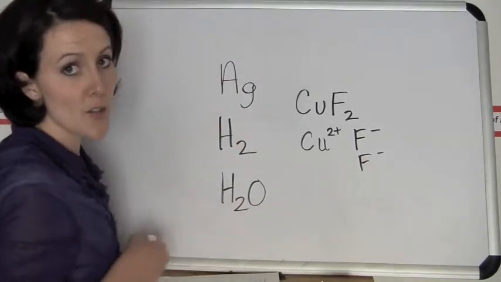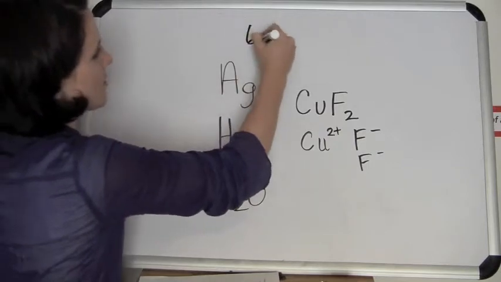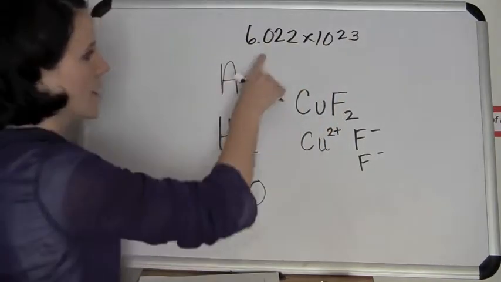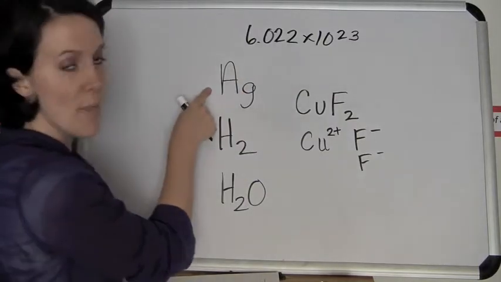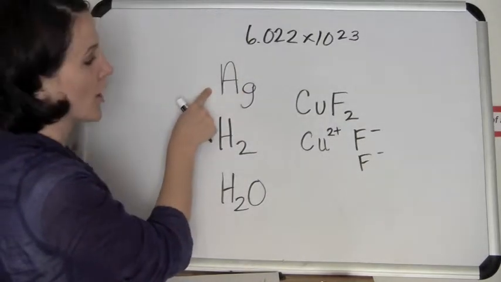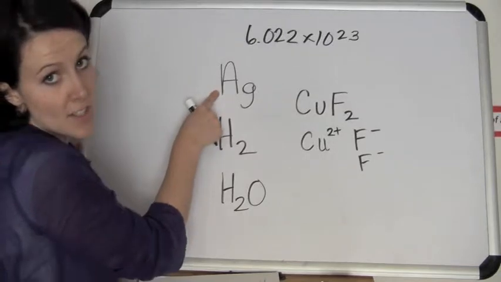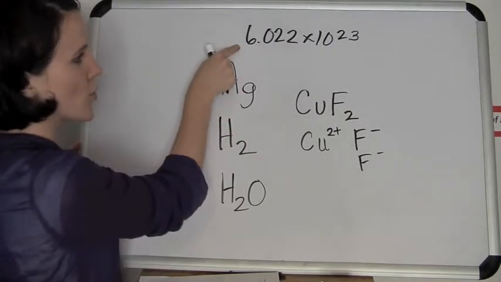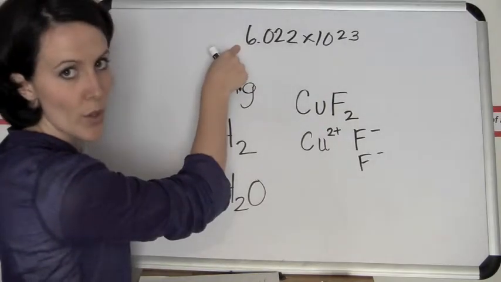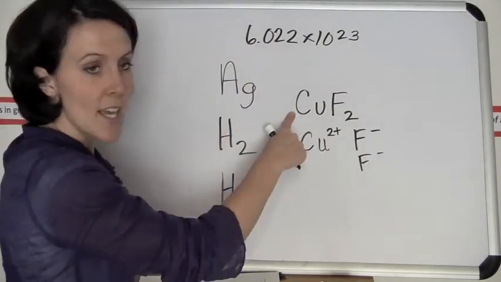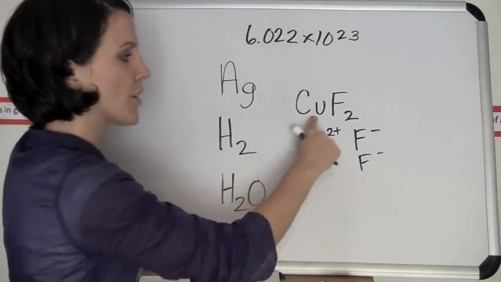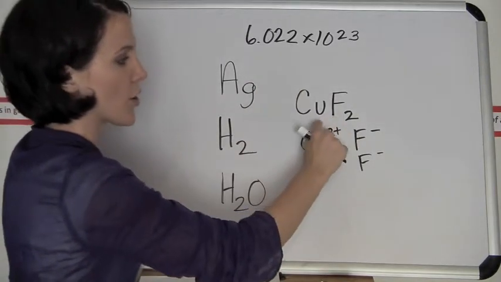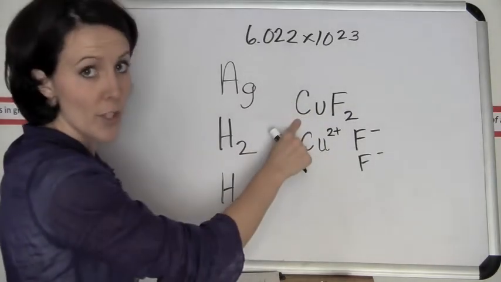We use Avogadro's number, which is 6.022 times 10 to the 23rd, to find out how many formula units are in 1 mole of silver. So, in 1 mole of silver, I have 6.022 times 10 to the 23rd formula units. In 1 mole of copper-2 fluoride, I have 6.022 times 10 to the 23rd formula units.